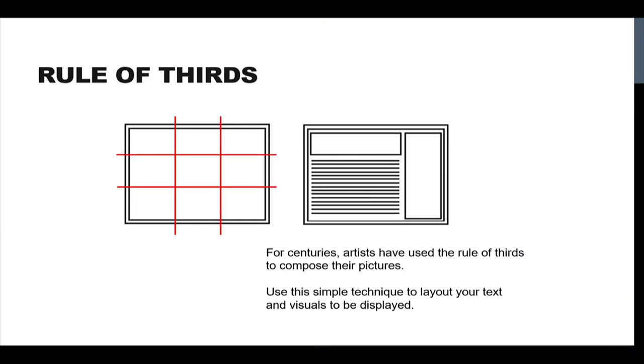Another compositional rule which you're hopefully familiar with through earlier weeks of this course is the rule of thirds. For centuries, artists have used the rule of thirds to compose their pictures. You can use this simple technique to lay out your text and your visuals. As we've discussed in course sessions, you may already have noticed that this grid comes up when you're using some smartphones and other photography technology like newer cameras.